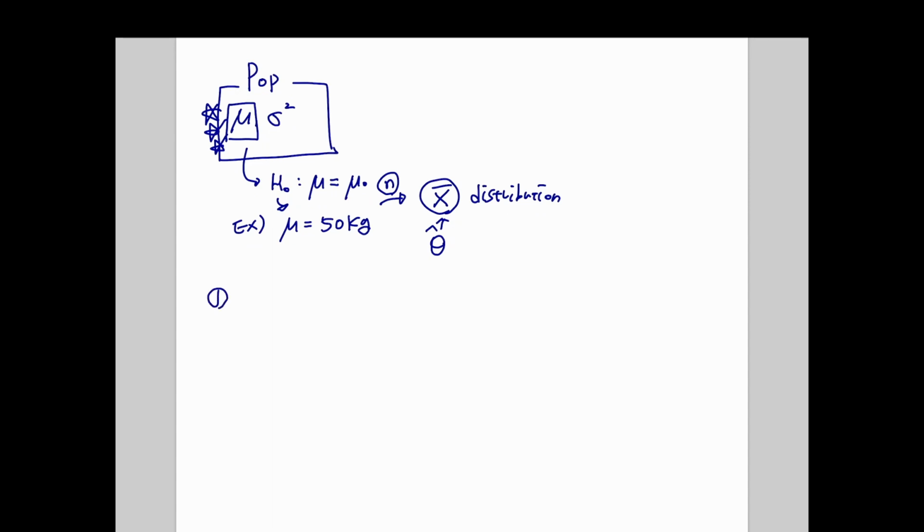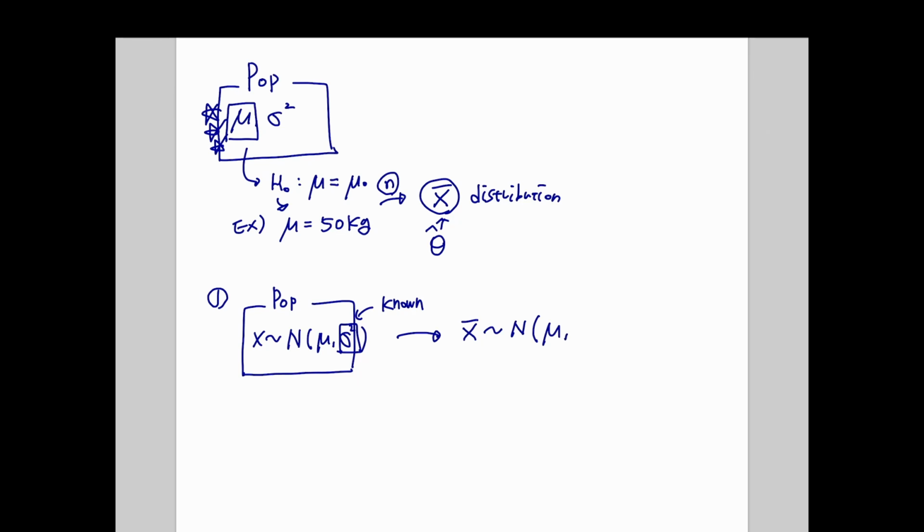First, if the population x follows a normal distribution with the parameter mu, and we know the population sigma square, then x bar also follows a normal distribution with mean mu, and the variance of x bar is sigma square divided by the sample size n.